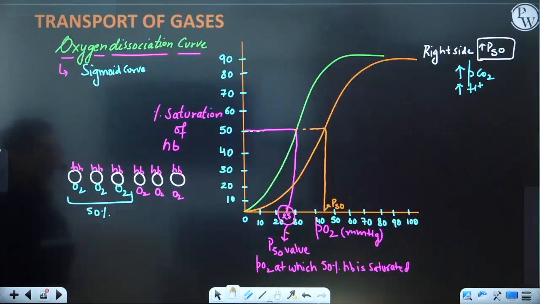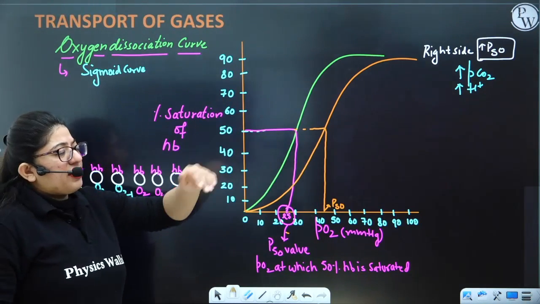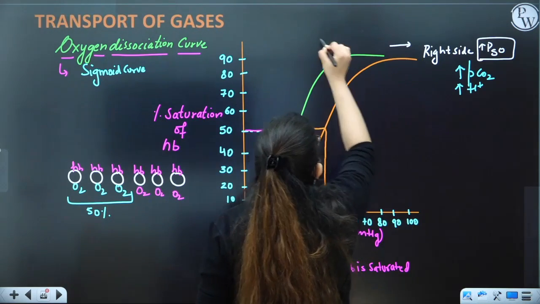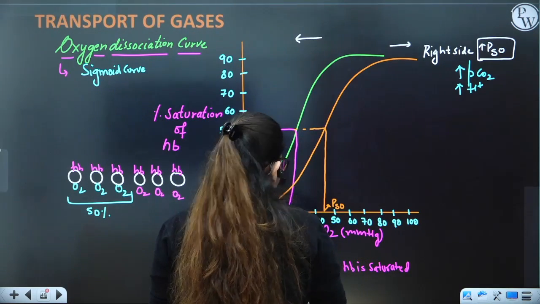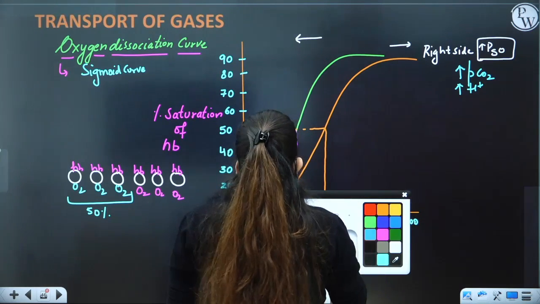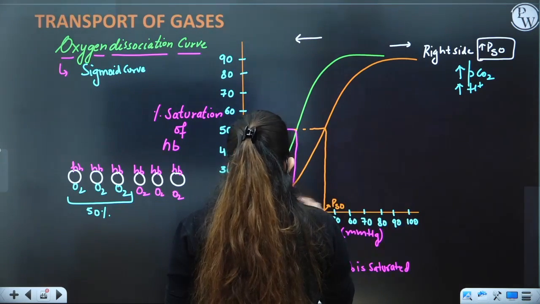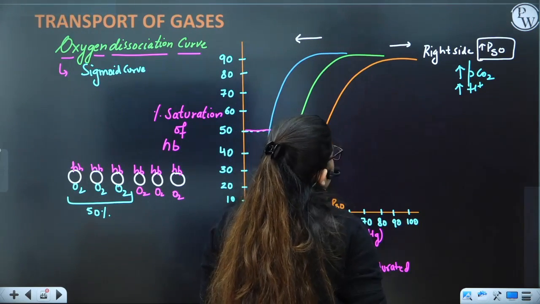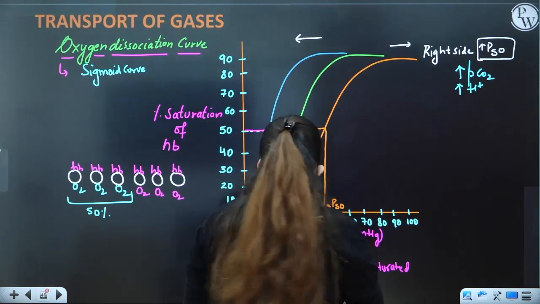right side. Okay, if there is a right shift, there must be a left shift as well. So this is a right shift. What about the left one? What will happen during the left shift? Let's see. During left shift, there are certain conditions which are favorable for formation of oxyhemoglobin. So in right shift, what are the conditions we have?